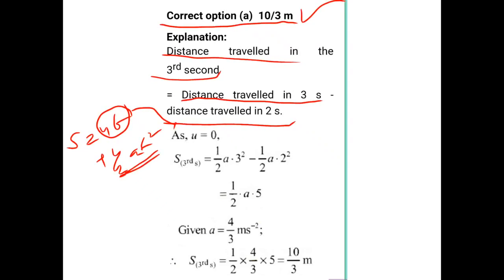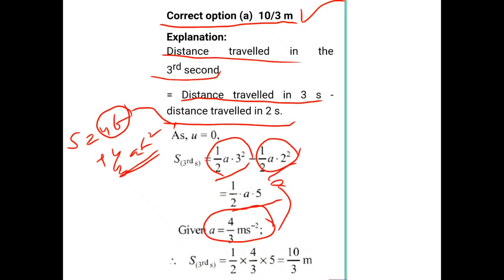So half a into 3 square minus half a into 2 square, that is distance traveled in 3 seconds minus distance traveled in 2 seconds. So you will get half into a into 5. Here the given value for acceleration a is equal to 4 by 3 meter per second square. If you substitute the value here, you will get 10 by 3 meter is the correct answer.